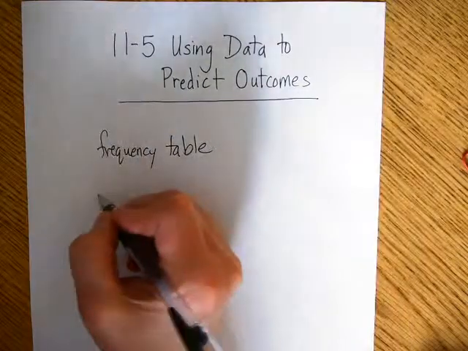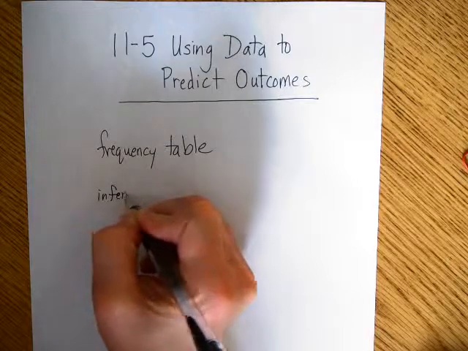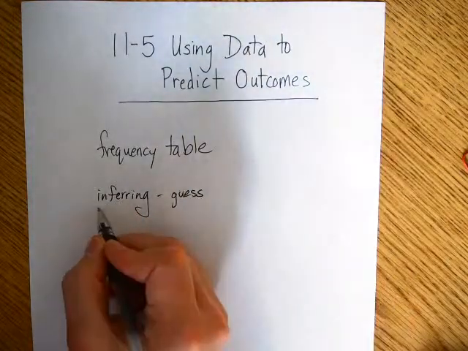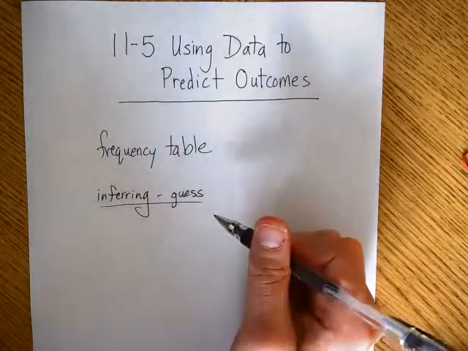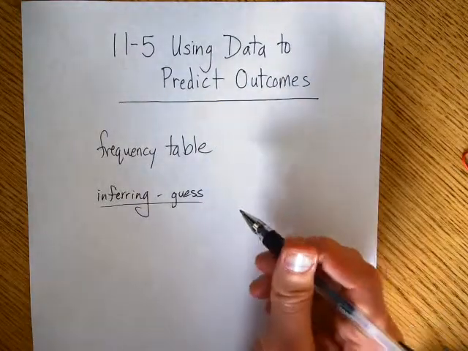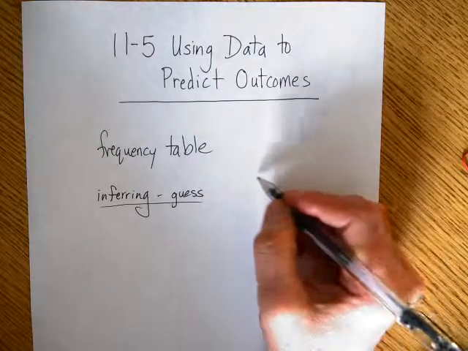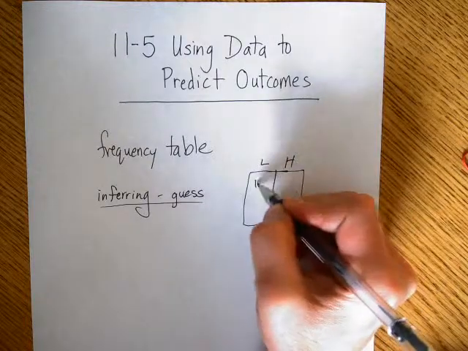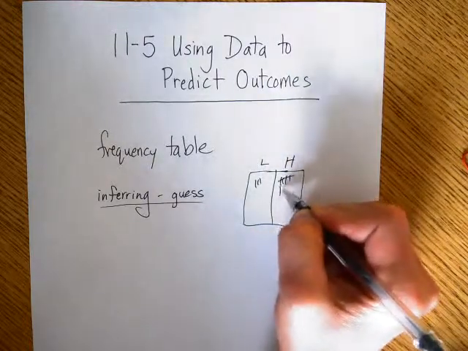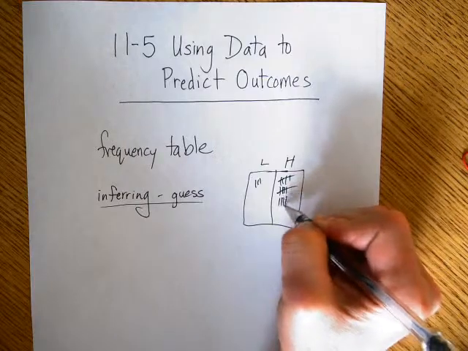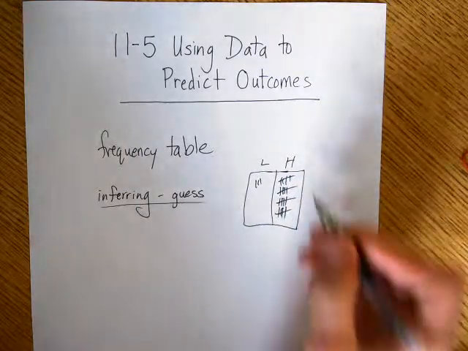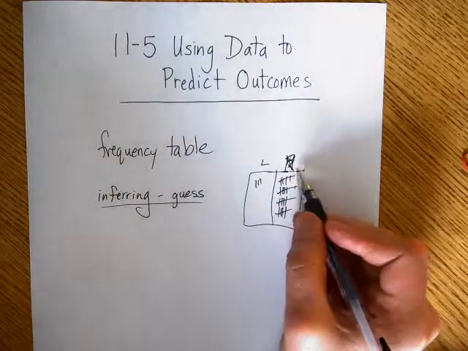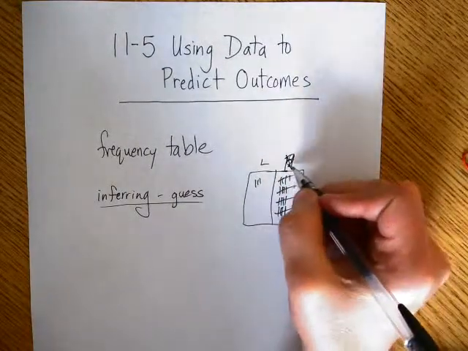In reading, we would actually call that skill inferring, right? It's like making a guess. In reading, we call it inferring. They're guessing based on something that's not actually said in the book. So in math, when they look at a set of data, how many left hands and how many right hands, and they see 3 left hands and 20 right hands, this says in this one sample that most kids were right-handed.